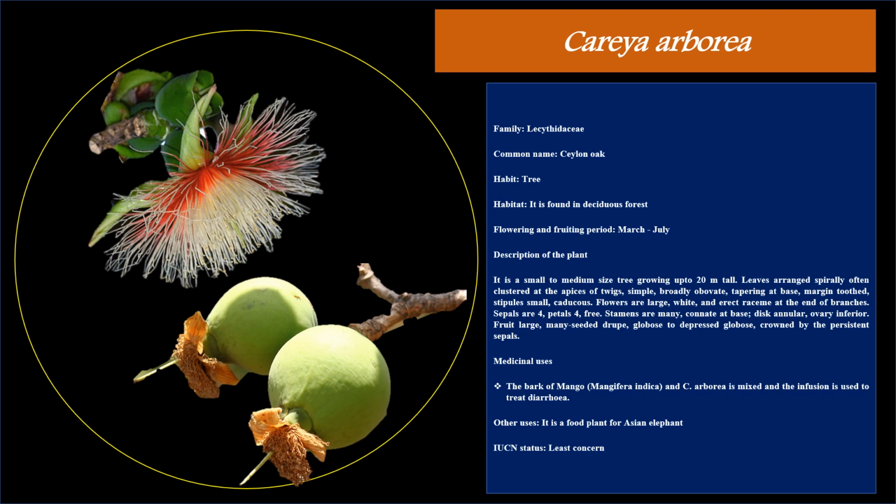such as the infusion of the bark of Careya arborea and the bark of mango, Mangifera indica, mixed together, which is used to treat diarrhea. Then apart from medicinal uses for us mankind, it has some other uses, like it is also a fodder plant of the Asian elephant in India.